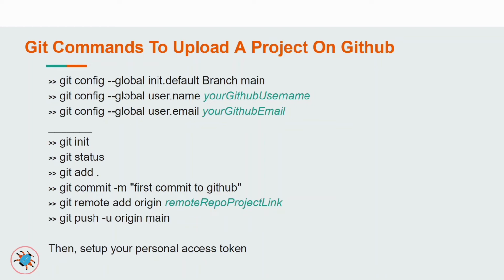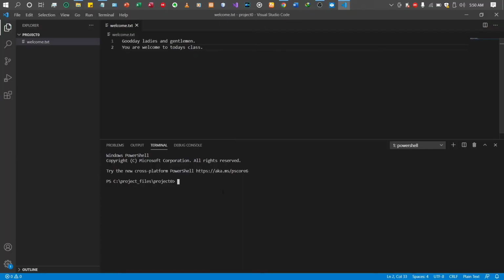We're going to use them to set up our configurations for GitHub on our local device. So let's get back to the video. The first command there is git config --global init.defaultBranch.